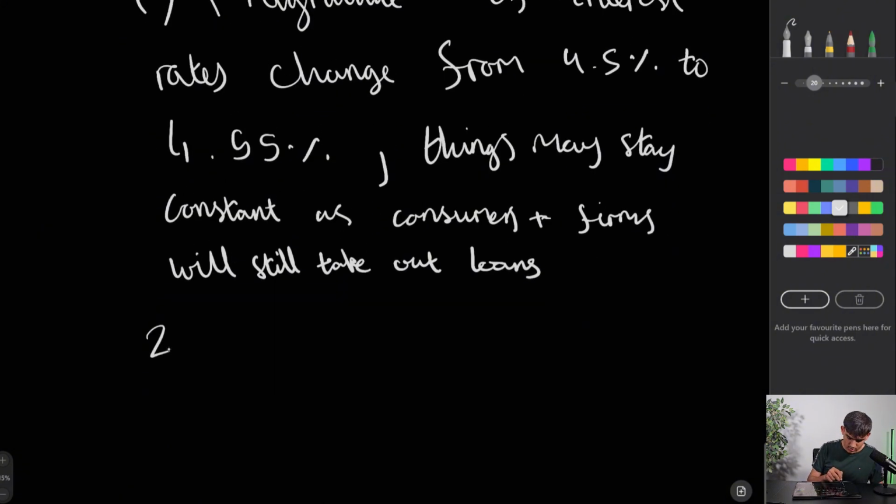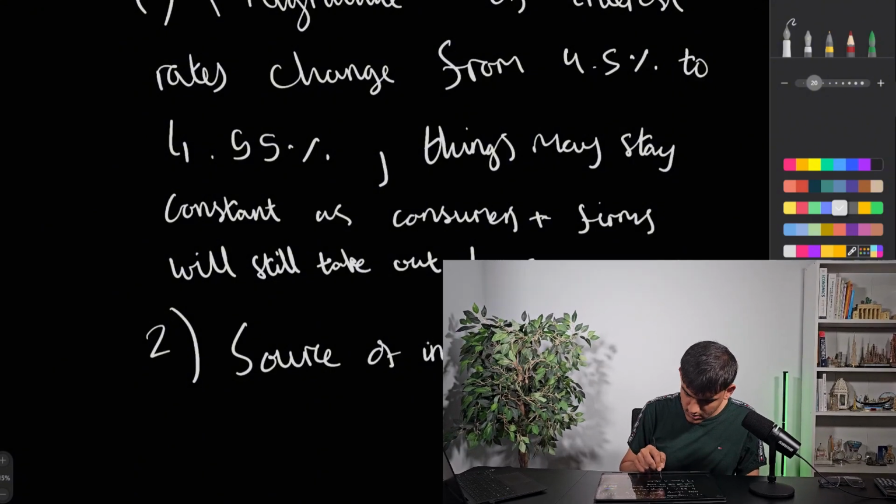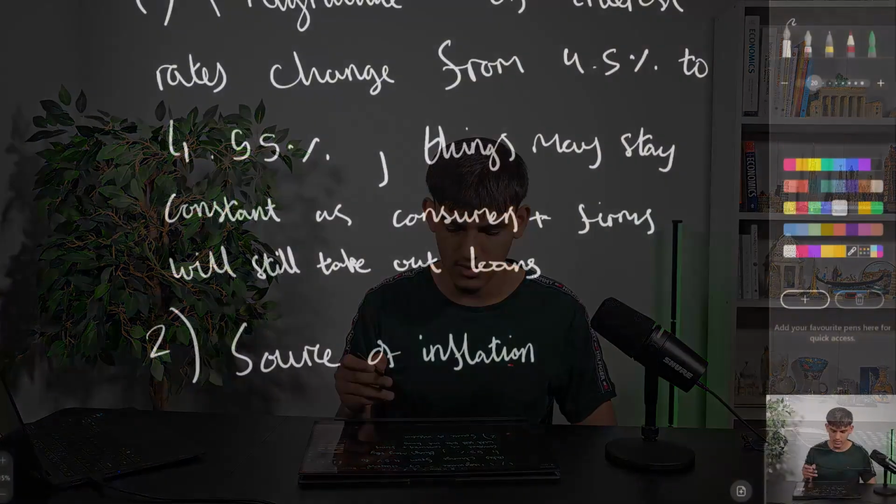Now, another issue of why a rise in interest rates might not reduce inflation is because we have to consider the source of inflation. Inflation has two sources. It could be cost push or it could be demand pull. And if it's cost push, then a rise in interest rates isn't likely to reduce inflation because the source of inflation is different.